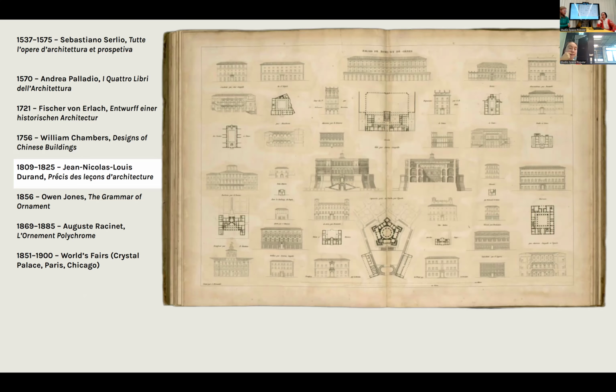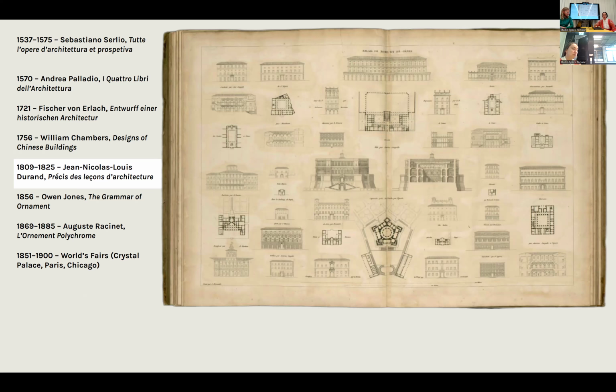But Durand starts to separate them and in a way compare them according to their function. So it goes from palaces to military buildings to government buildings, etc. So these are typological. And here starts also the logic of recombination.